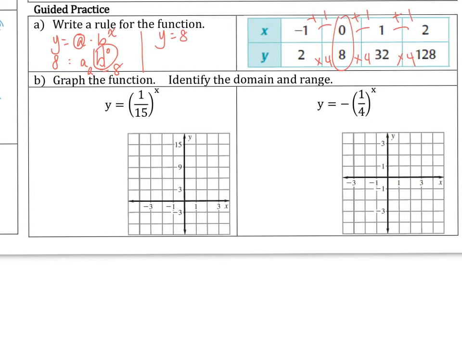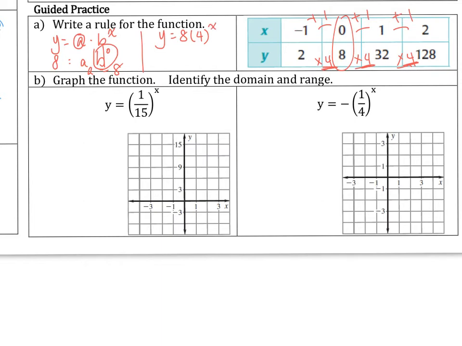Okay, and then my b will be 4 because 4 is the growth factor between the y coordinates. So 4 to the x power.